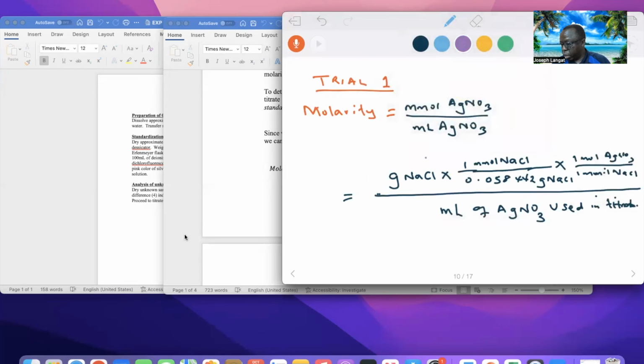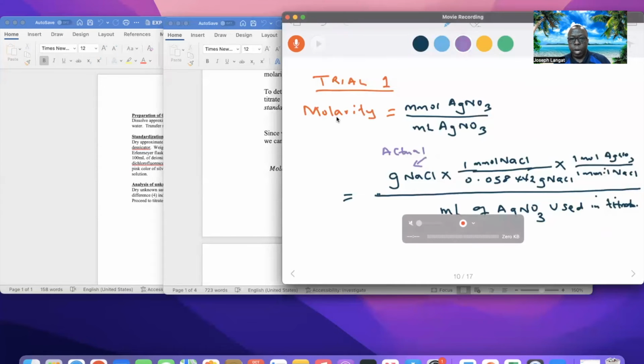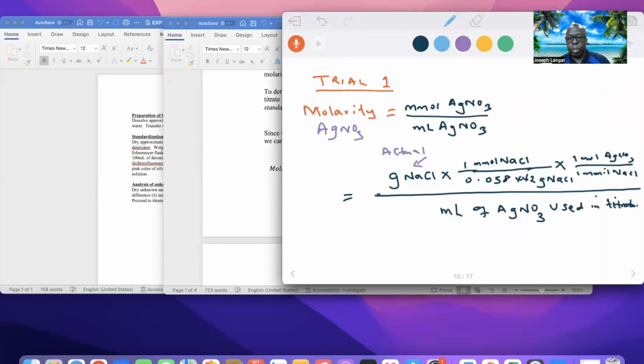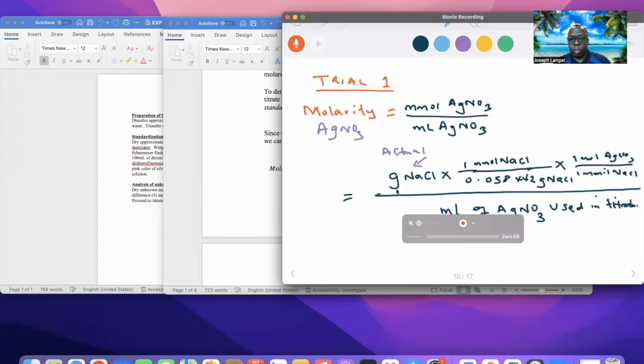This is the actual grams of sodium chloride for trial 1. Molarity of AgNO3 for trial 1 is the actual grams of sodium chloride times the molar mass as a conversion factor for millimoles.